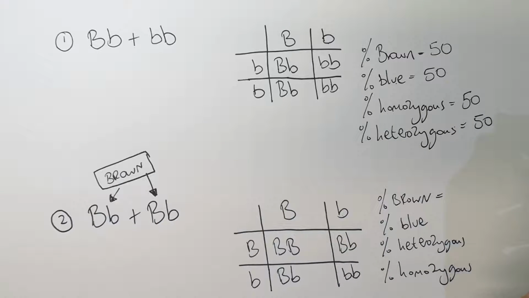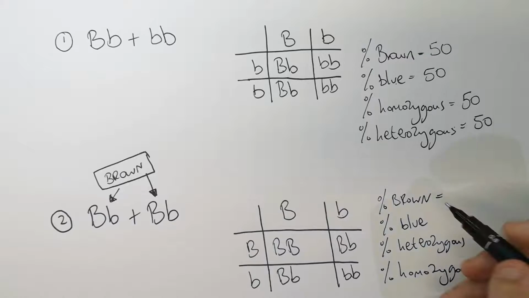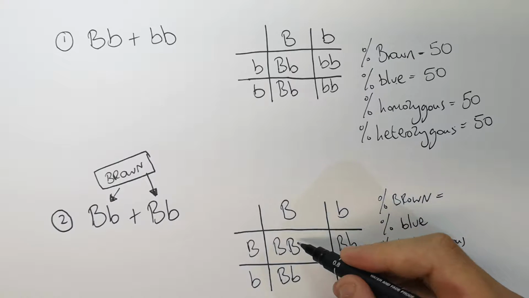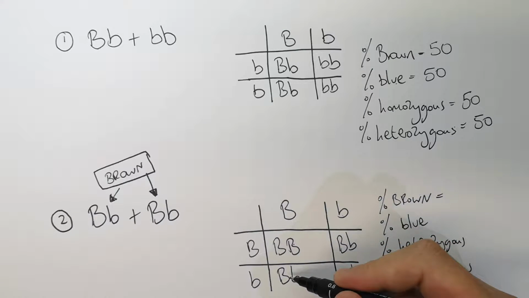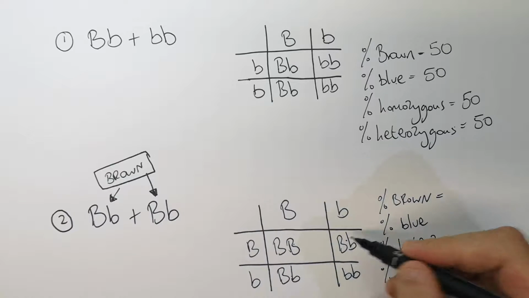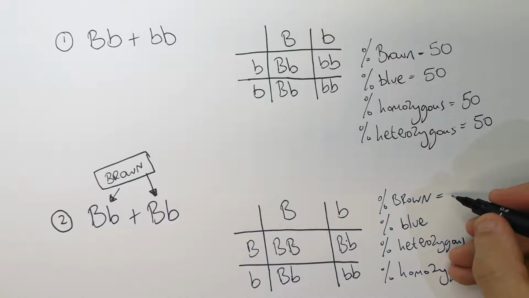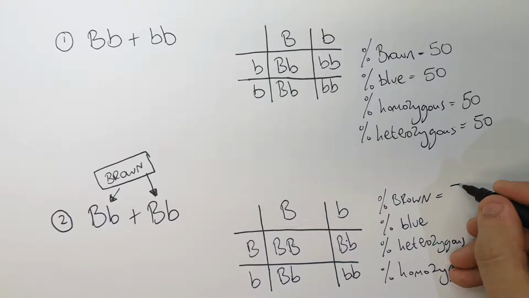So the video is now paused for you to attempt to figure out the percentage chance of brown, blue-eyed, heterozygous genotypes or homozygous genotypes. So pause the video now to attempt. So the probability of a brown-eyed child is going to be 75% because in 3 out of 4 of them, the big B allele is present. So remember, the big B allele will always be dominant over the recessive blue eyes.